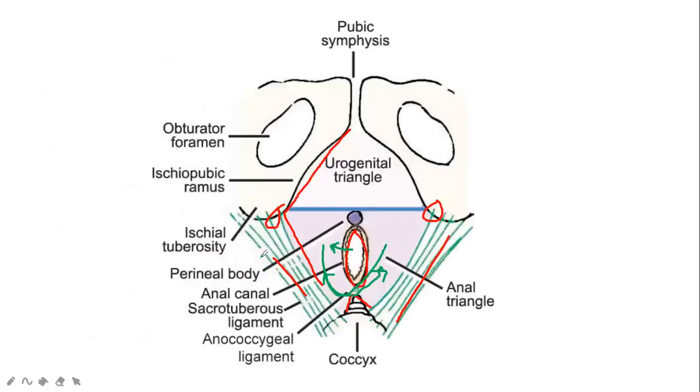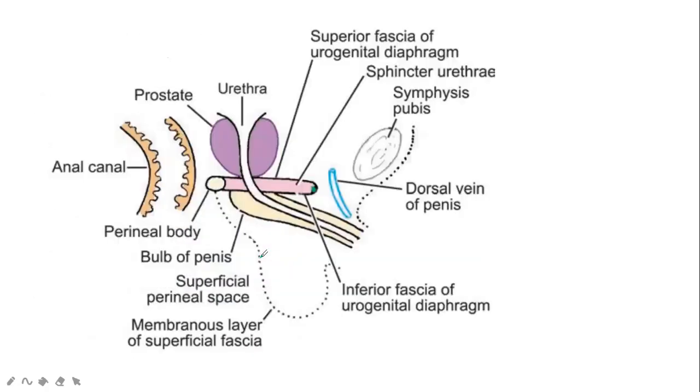From the anterior abdominal wall, we have this fascia extending to cover the penis. That is what is called the Buck's fascia. And then at this point it is now called the Colles fascia, being a component of the scrotum. And then it extends posteriorly to attach on the perineal body.